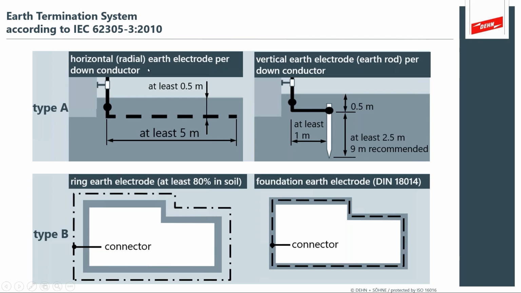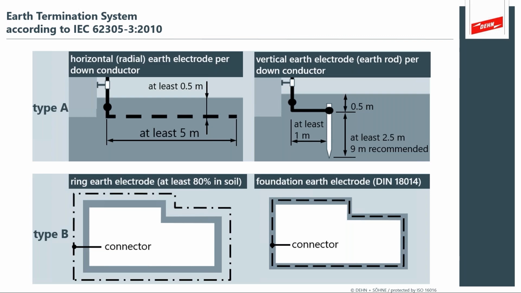So this slide basically points out that your type A system can consist of an individual connection into the soil. It can be vertical as an earthing rod, or it can be horizontal. And remember, this is a very boots in the dirt sort of conversation.